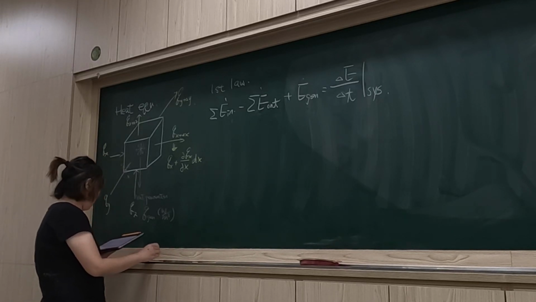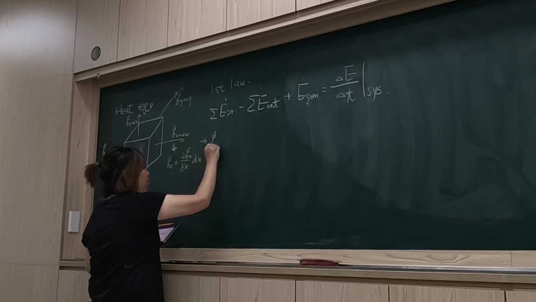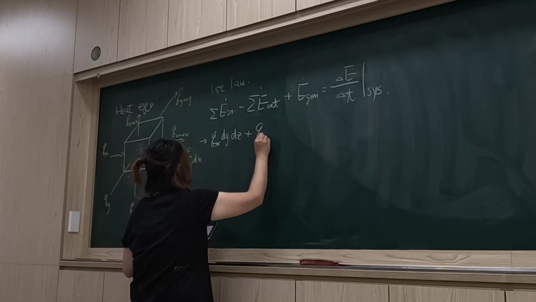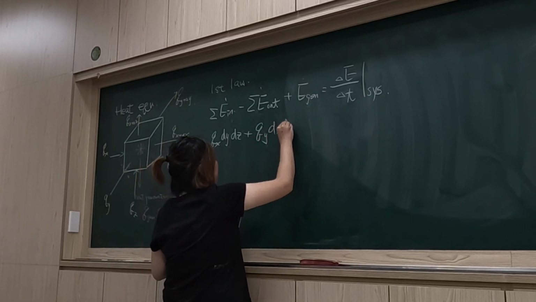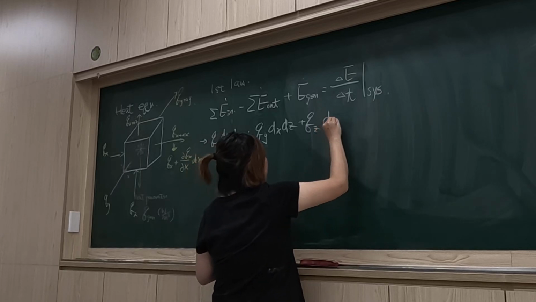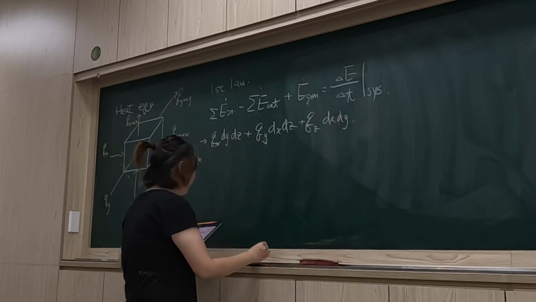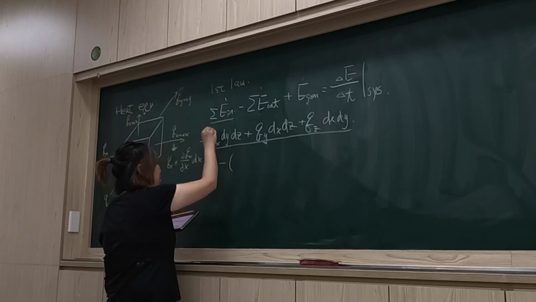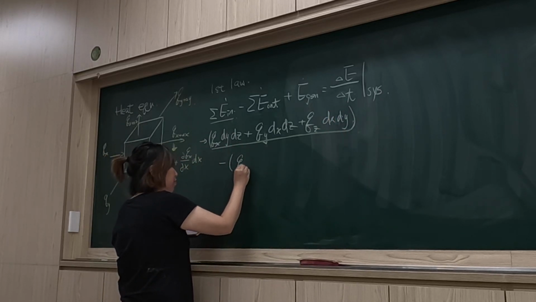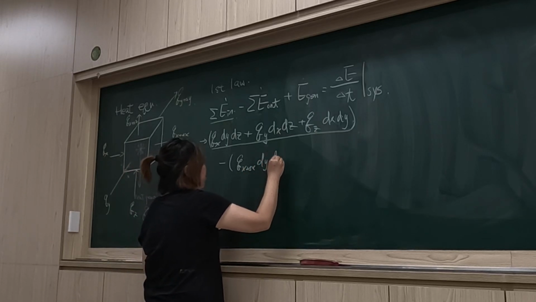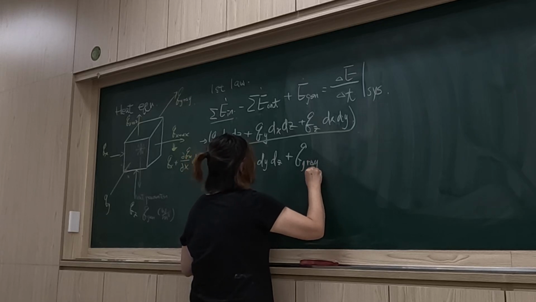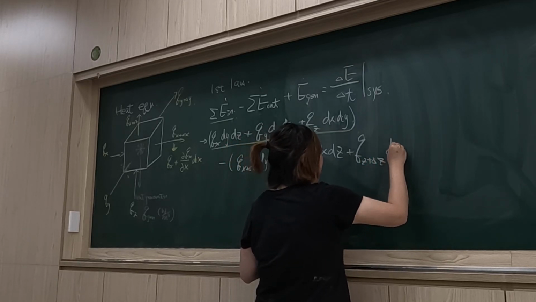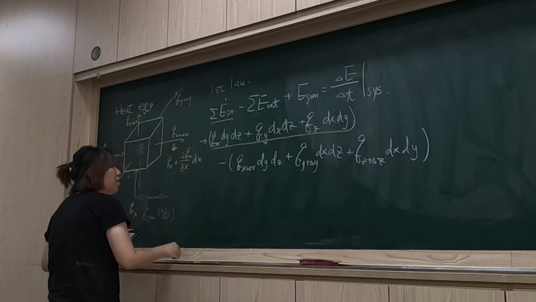Okay, and then we can switch into another form. Because we need to tie the area, I just quickly write down E in is here, minus this is energy out.